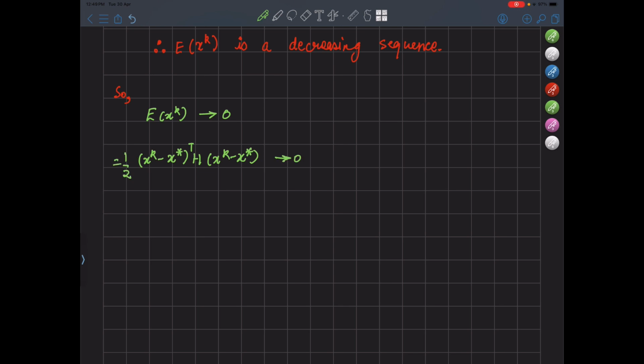Now because H is positive definite, this can only tend to 0 when x_k is equal to x star. If this goes to 0, then only this whole expression can go to 0. So these two expressions help us say that x_k tends to x star, eventually, because H is positive definite.